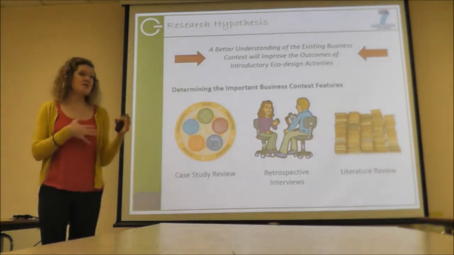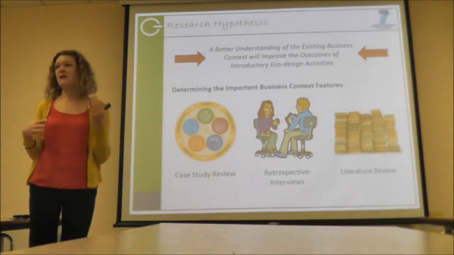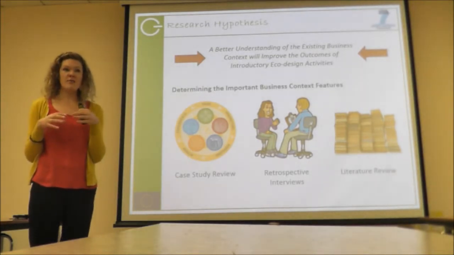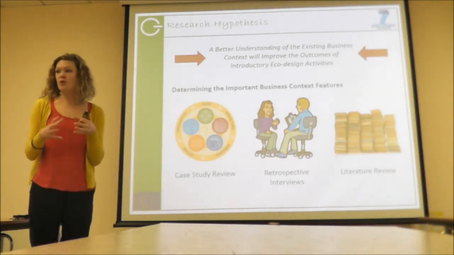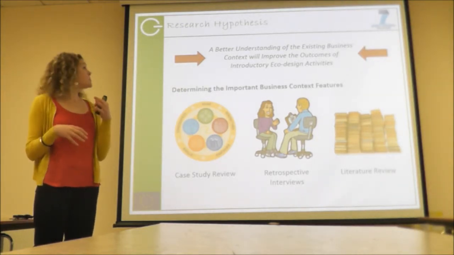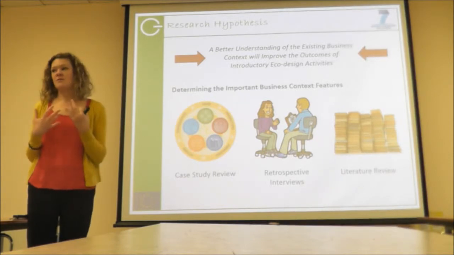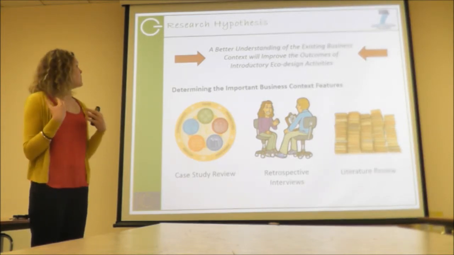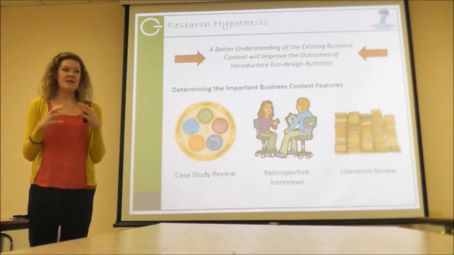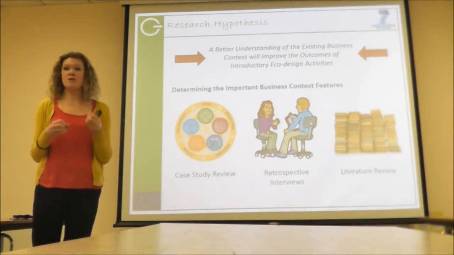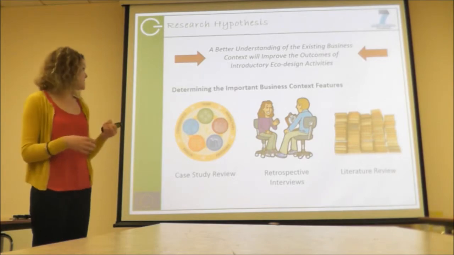I've then gone through a series of research activities to determine exactly what business context features are important for implementing eco-design. So if a better understanding of the business context features improves outcomes, then what business context features do we really need to understand before we start conducting eco-design activities?